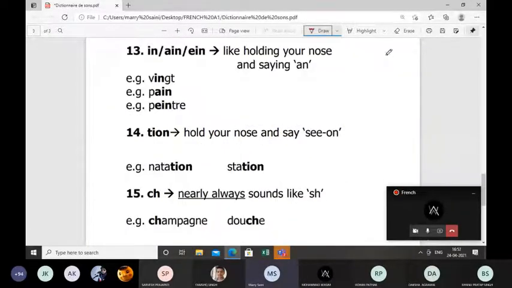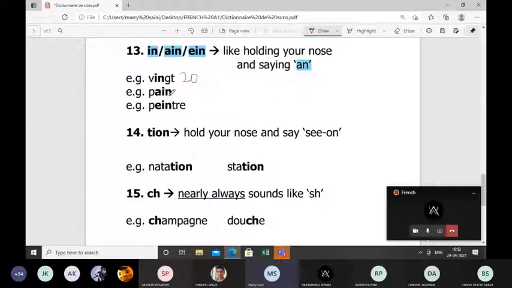Next ones, these are the last three sounds. We are just about to finish. I-N, E-I-N, A-I-N. These three combinations will have the sound of eh, a quite nasal sound, like vin. Vin is 20.